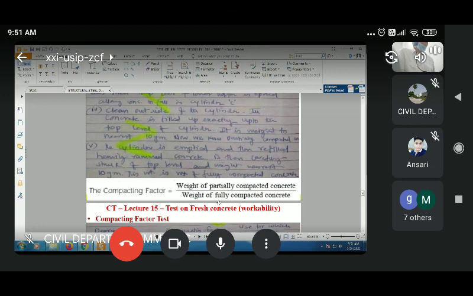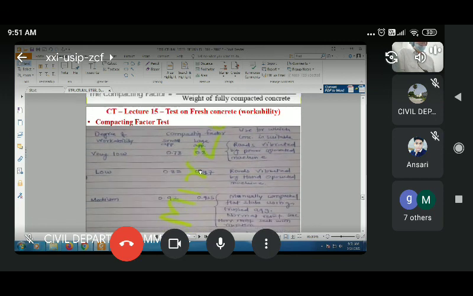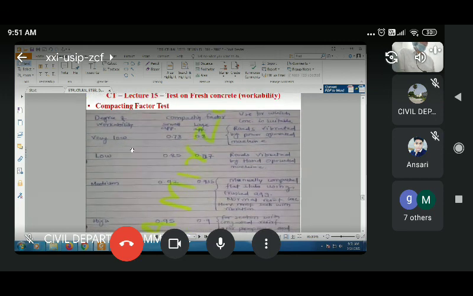The ratio of the weight of partially compacted concrete to the weight of fully compacted concrete will give us the compaction factor. Based on the degree of workability, the compaction factor values are given here: 0.78 to 0.8 if the degree of workability is very low.